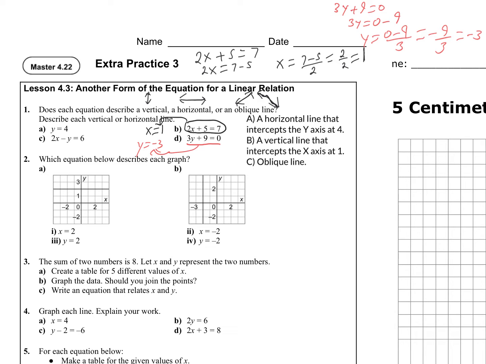So for D, I can say that this is a vertical line, or sorry, a horizontal line. Horizontal line that intercepts the y-axis at negative 3.